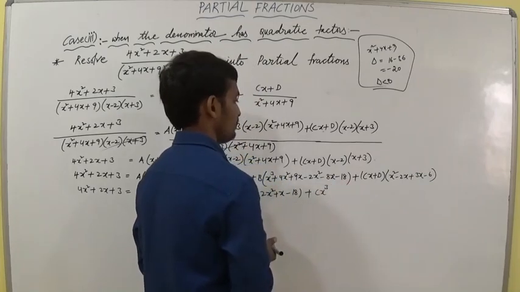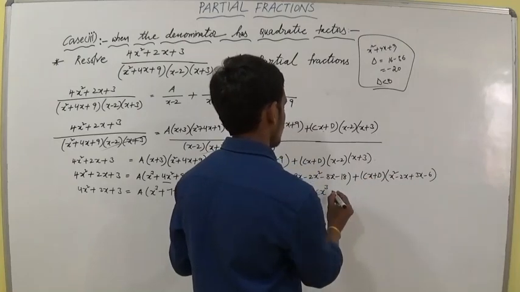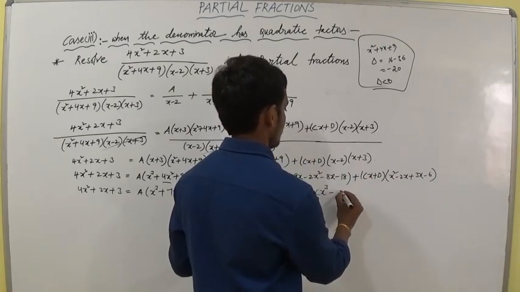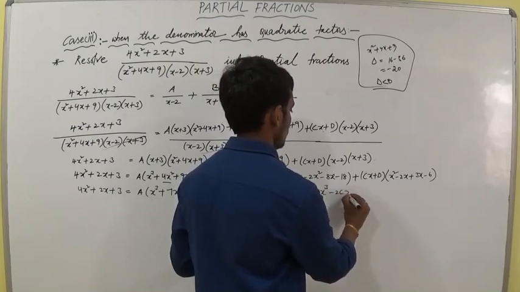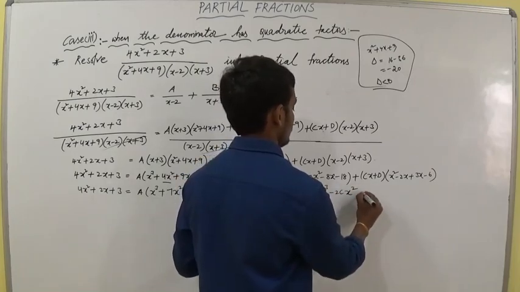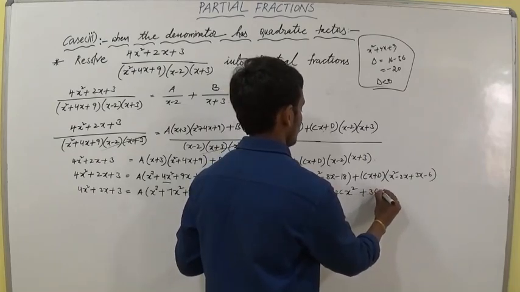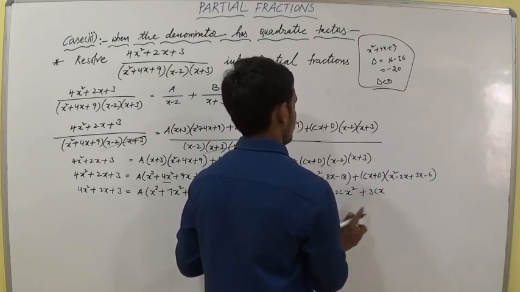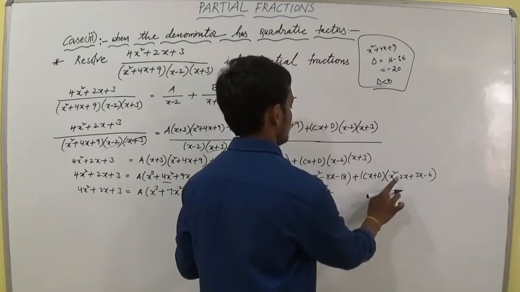Cx cube, again Cx into minus 2x is equal to minus 2Cx square plus 3Cx square. So wait. How is it?